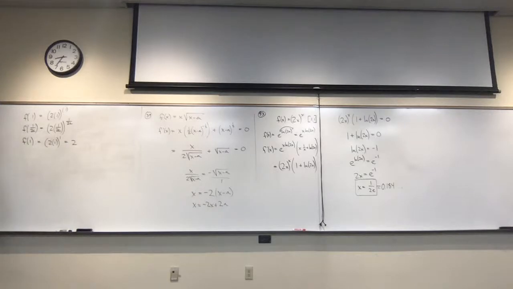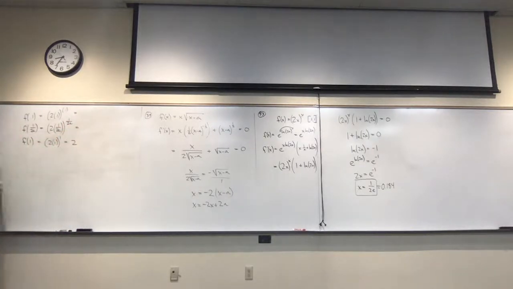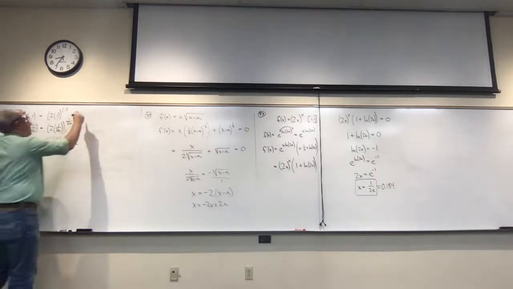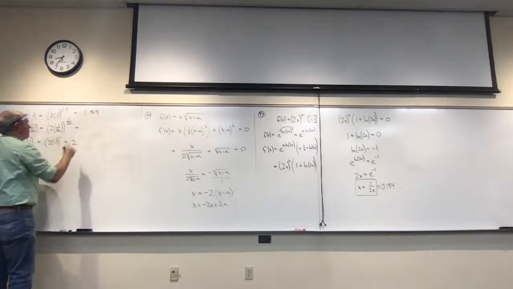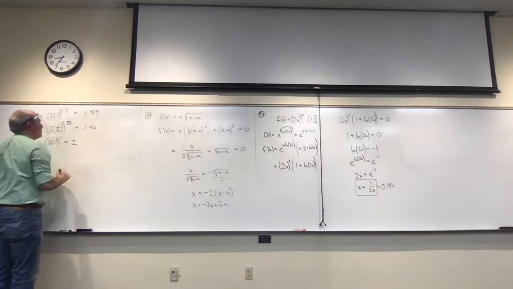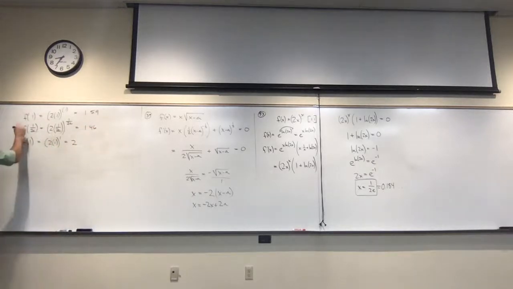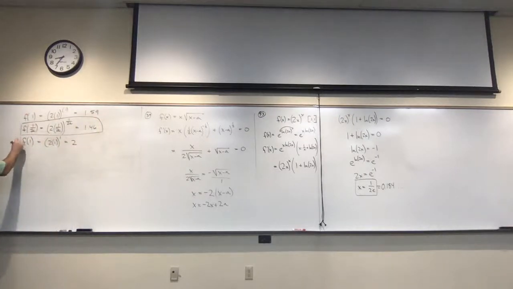The other ones are a little harder to do in your head. What do they come out to, if anybody has them? 0.1 comes out to 1.59, and then the 1 over 2e comes out somewhere around 1.46, I believe. So we could say that this guy is the smallest one. This guy is the biggest one.